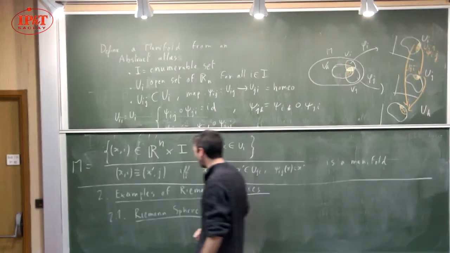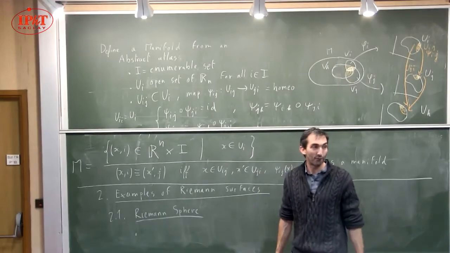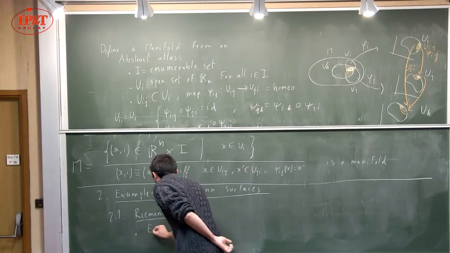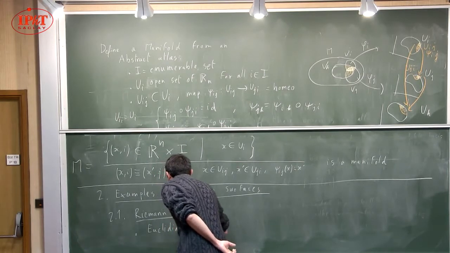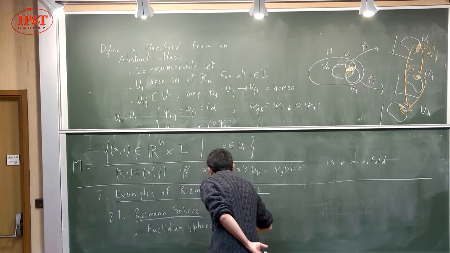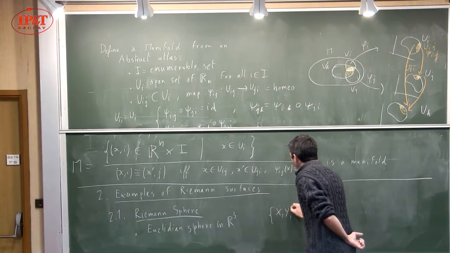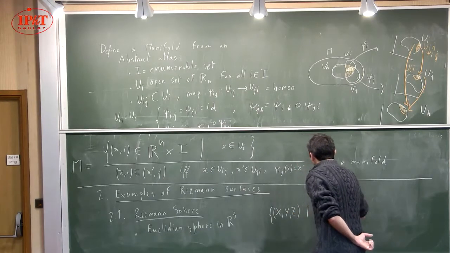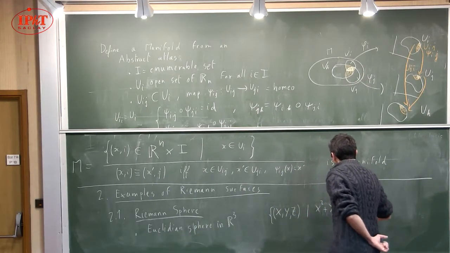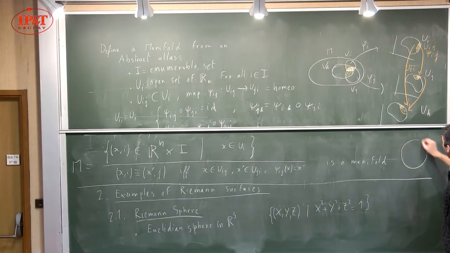The first definition: consider the Euclidean sphere in R3, defined as the set of points (x, y, z) such that x squared plus y squared plus z squared equals 1. It's something like that in R3.